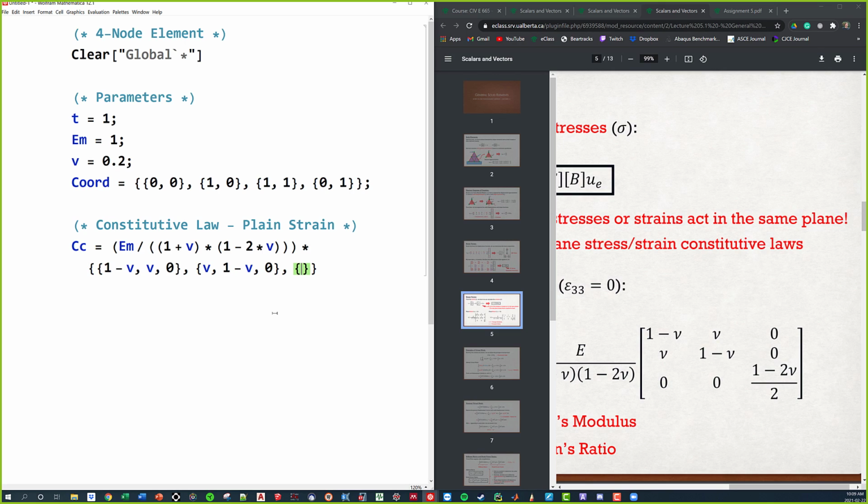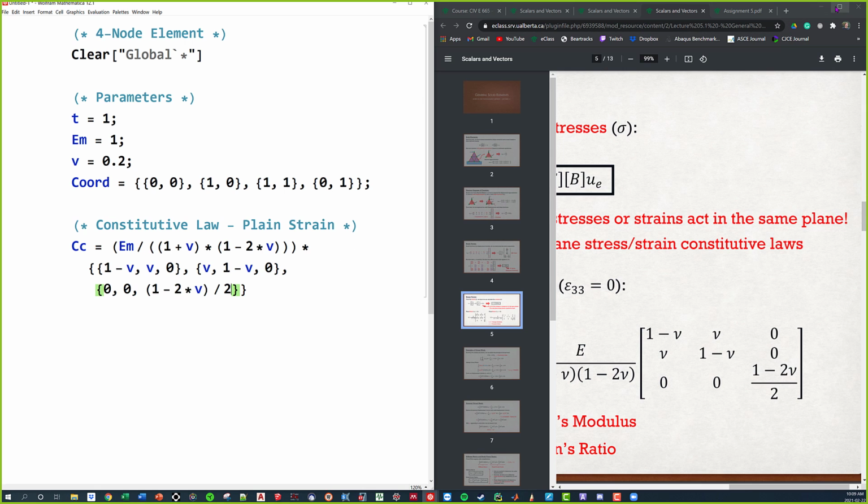It's technically nu, not V, but I don't really care. Then the bottom row: 0, 0, and then this factor, 1 minus 2 times V, all divided by 2. So does that make sense so far?